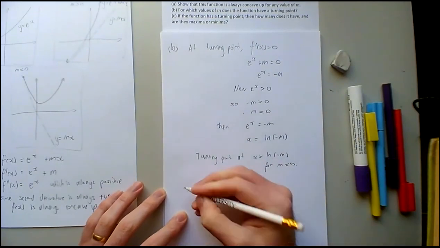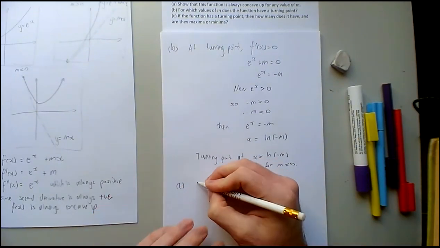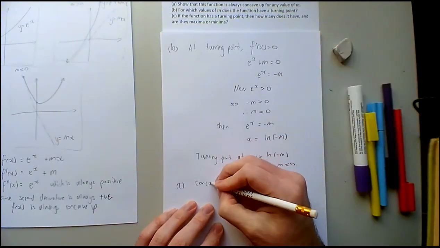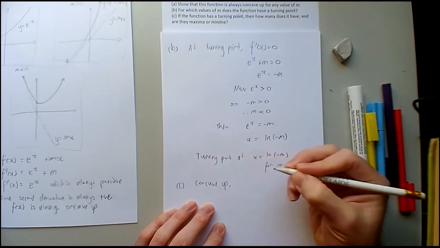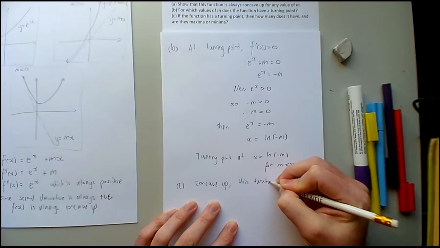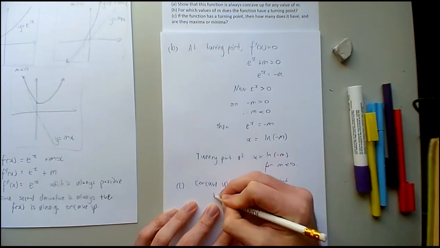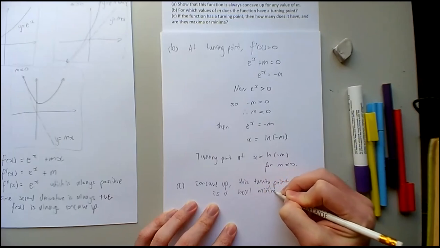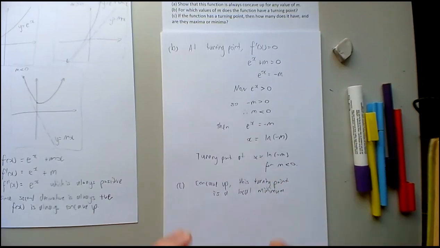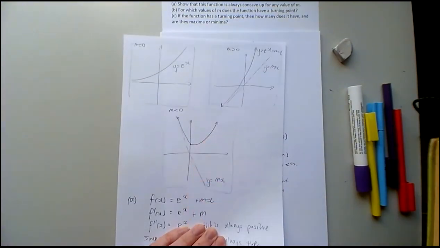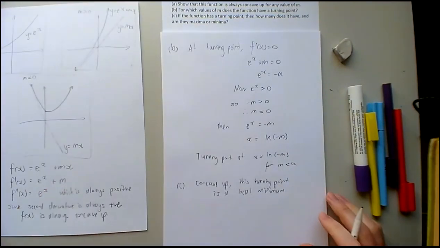Okay, and part C, since it's concave up, this turning point is a local minimum, because concave up means it goes up this way, so it has to be a minimum, just like the drawing I made said. Okay, cool.